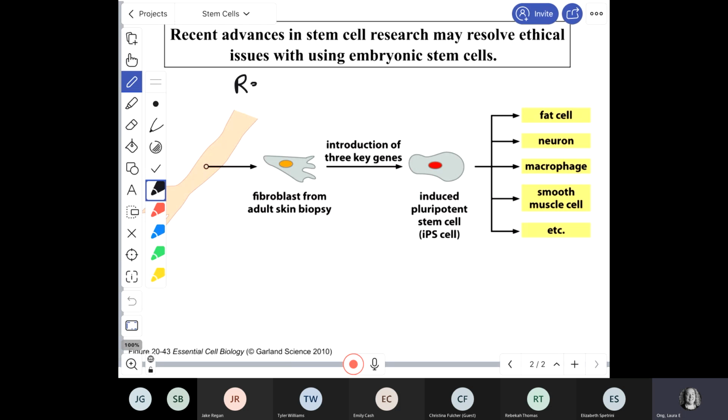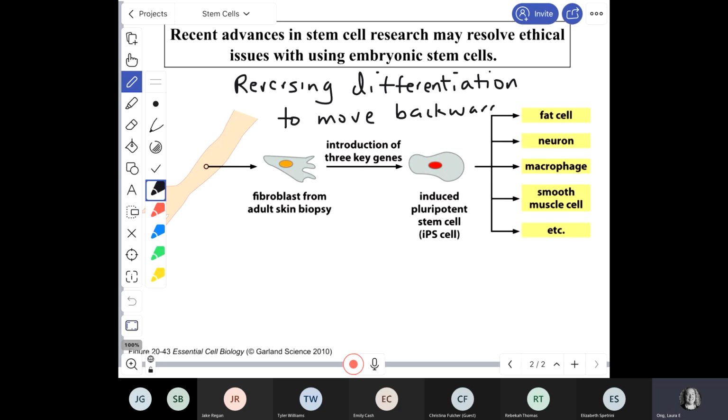This slide is about reversing differentiation. Reversing the differentiation process to kind of move backward toward a stem cell.